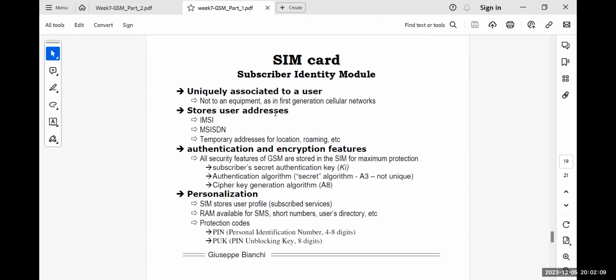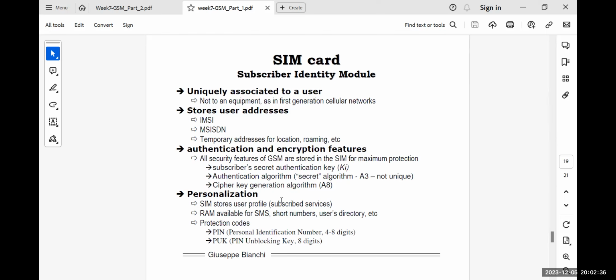It stores user addresses, the IMSI, the MSISDN, the temporary addresses for location, roaming, etc. Moreover, the authentication and encryption features are also included in the SIM. There are the subscriber secret authentication key, authentication algorithms incorporated into this, and the cipher key generation algorithm is also associated with the SIM card.